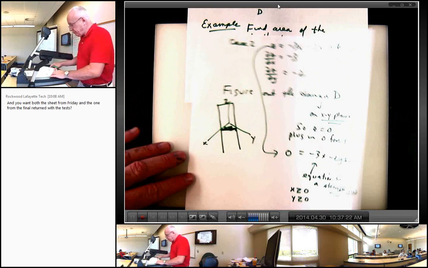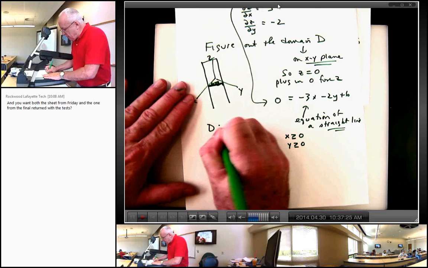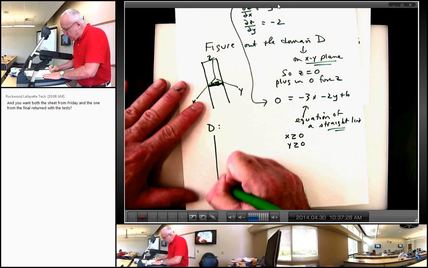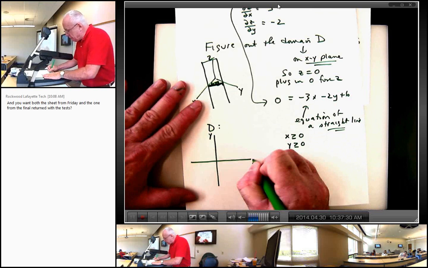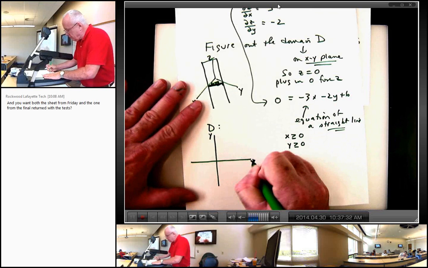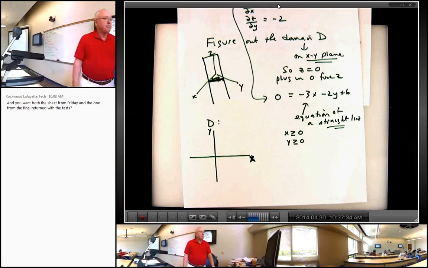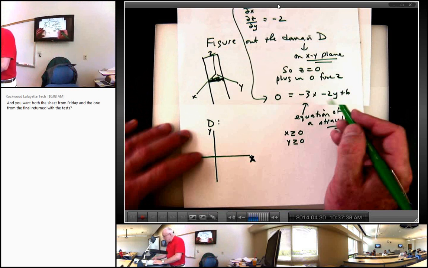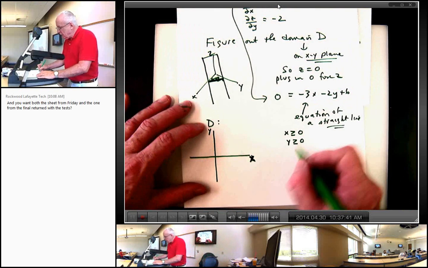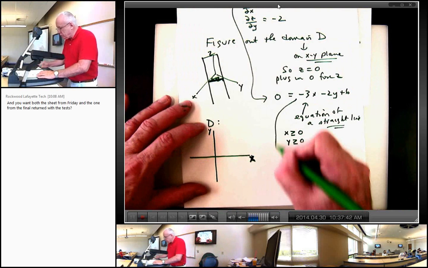All right. So now let's figure out what D is. D is strictly on the XY plane, so I just do a two-dimensional graph here. Now let's figure out this straight line, which is one of our boundaries.